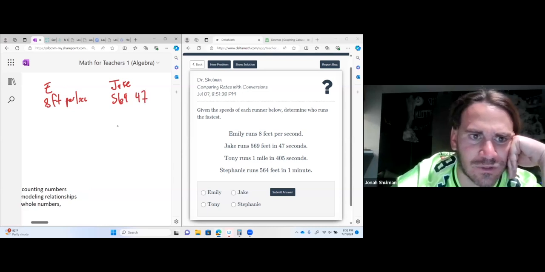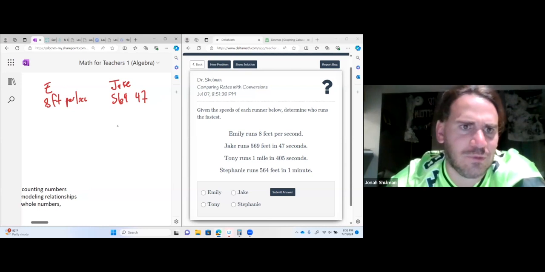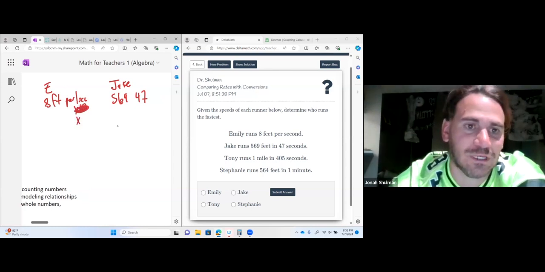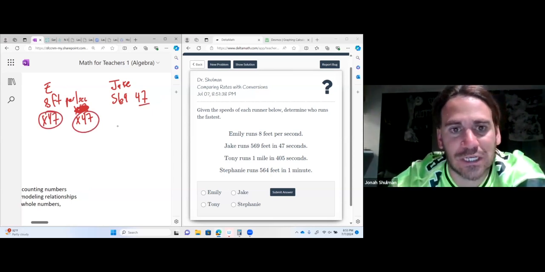But I want this in terms of 1 second, or we can multiply this, ready? By 47. So either we divide this by 47, we can just do it per 1 second, that's fine. So one method, we can multiply this by 47 to figure out how many feet she would run in 47, or we divide Jake's by 47 to figure out what it is in 1.